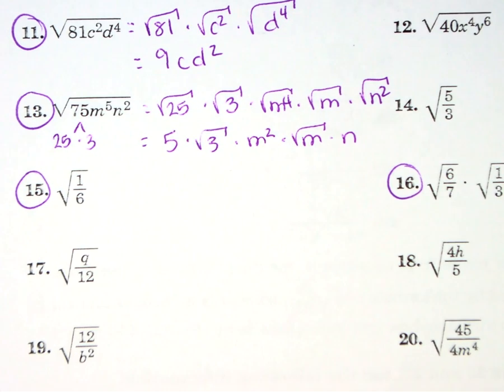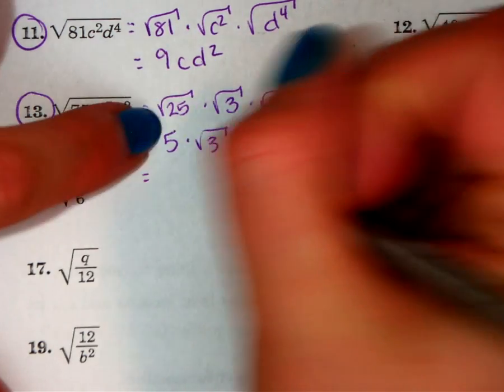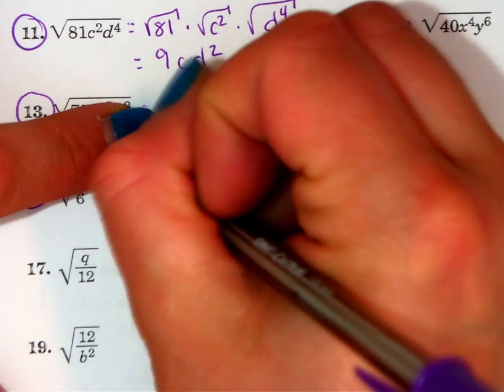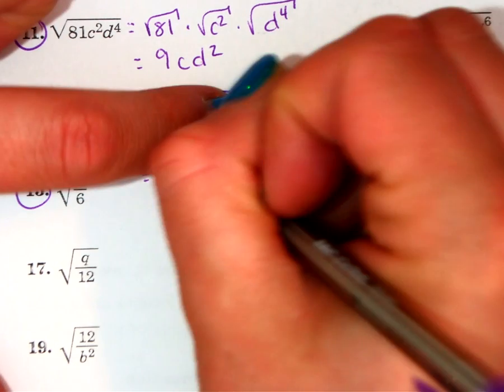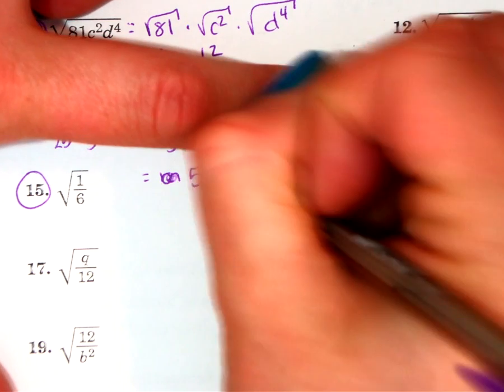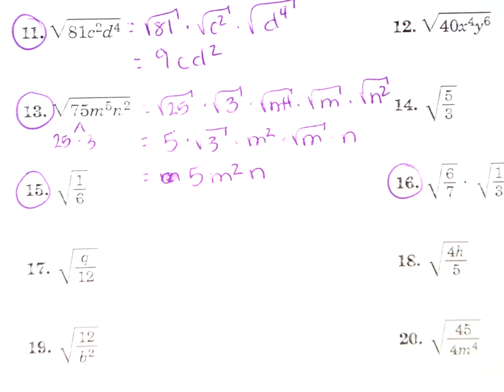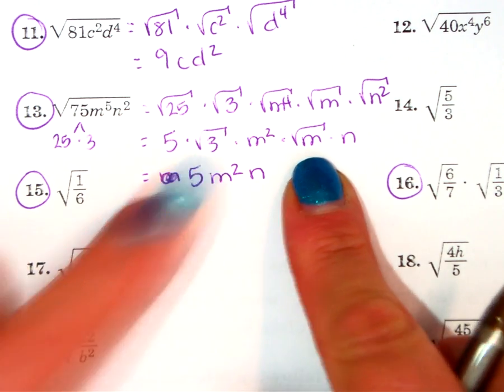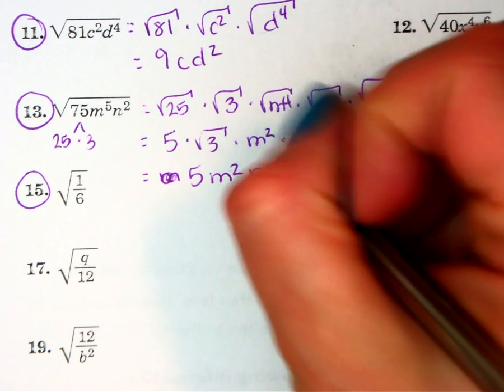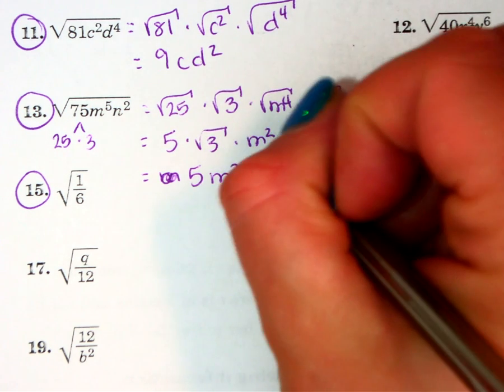Then, writing it in a more standard and acceptable form, you're going to take all of the pieces outside the root and put them together. So 5 m squared n, and then you're going to take the pieces that are left under the root and put them back together under one root. 3m.